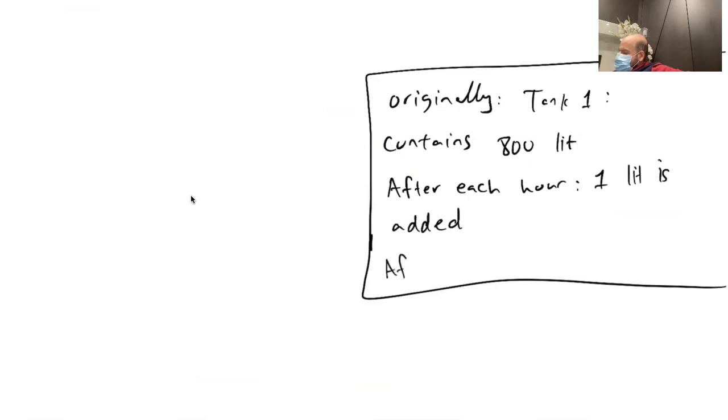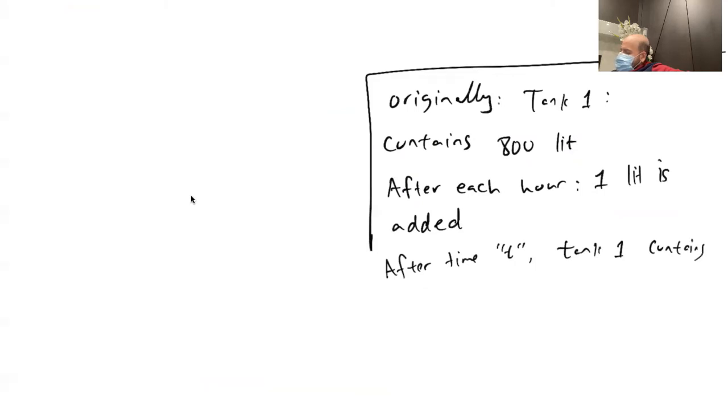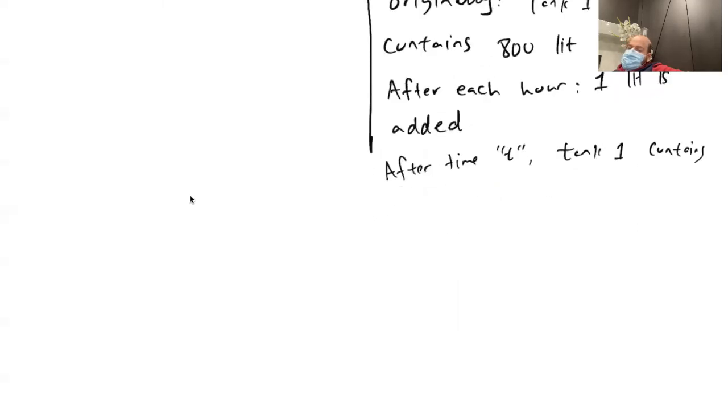So I can say after time t, tank 1 contains how many liters? If after 1 hour, 1 liter is added, after 2 hours, 2 liters will be added. After 3 hours, 3 liters will be added. After 1/2 hour, 1/2 liter will be added, and so on.